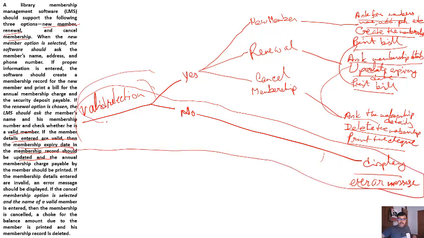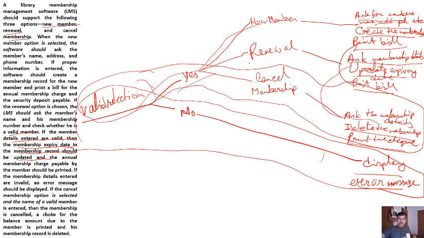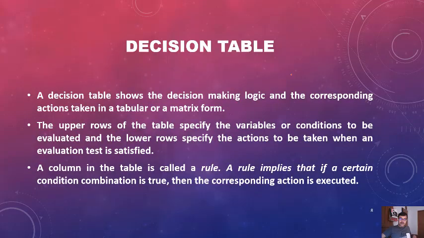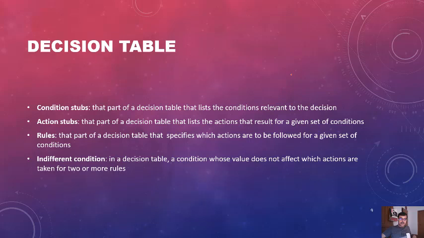Another rule is if the validation is true and the input is cancel membership, then these are the actions. So this is another rule. Each and every individual path in this picture is a rule of the decision tree. So we will look forward to the decision table.